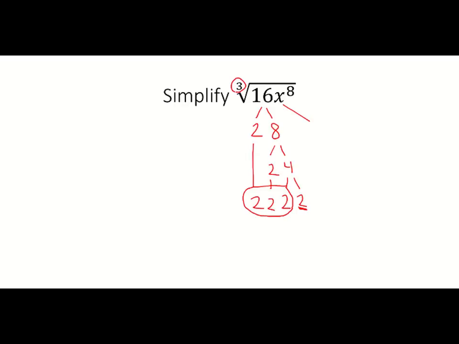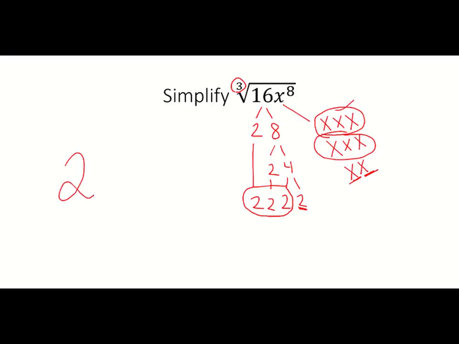And then x to the 8th, I have 8 x's. So I'm going to write out 8 x's. Again, I'm looking for 3 of the same thing. So there's one group. There's 2 groups. And then I've got 2 left over. So on the outside, I get to take the 2 I circled and 2 x's.